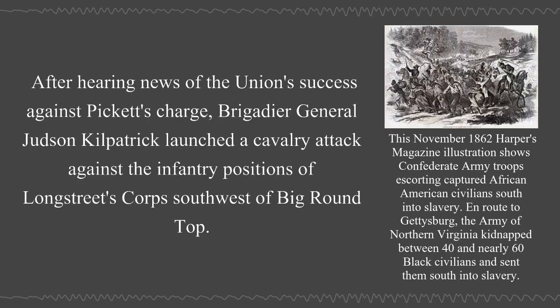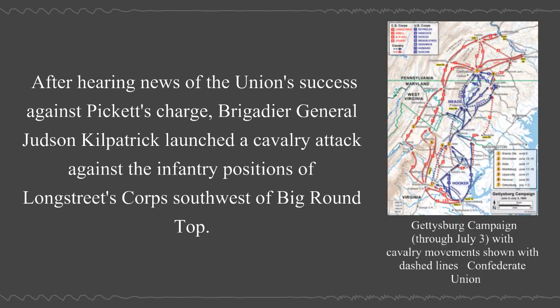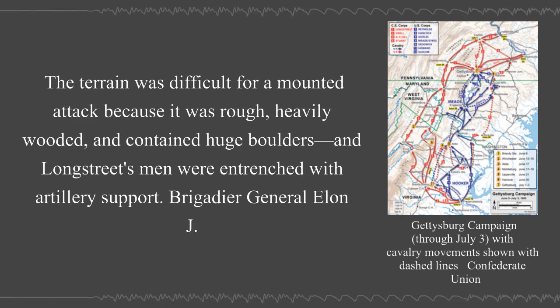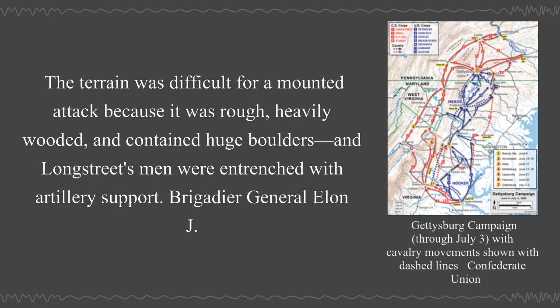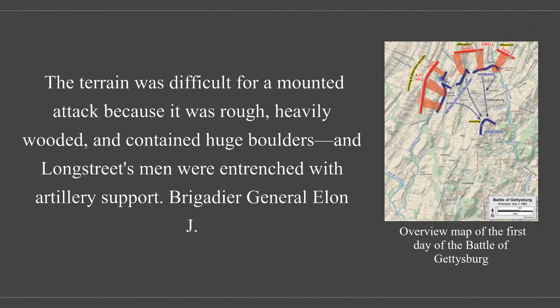After hearing news of the Union success against Pickett's charge, Brigadier General Judson Kilpatrick launched a cavalry attack against the infantry positions of Longstreet's corps, southwest of Big Round Top. The terrain was difficult for a mounted attack because it was rough, heavily wooded, and contained huge boulders, and Longstreet's men were entrenched with artillery support.